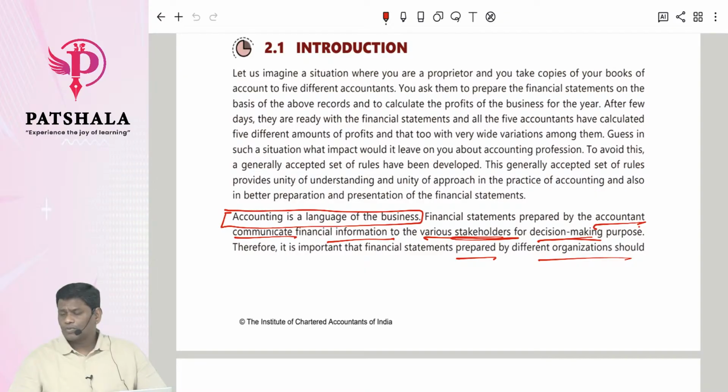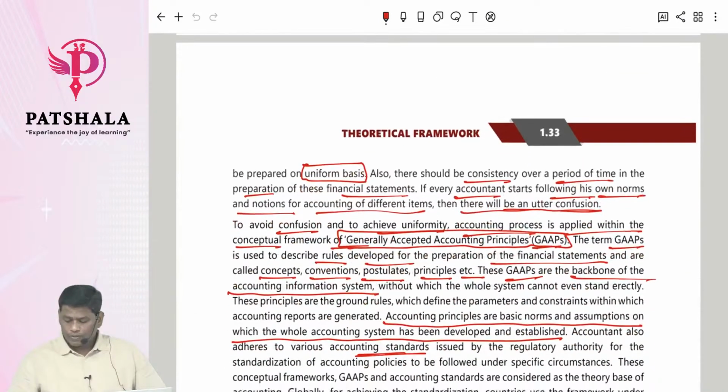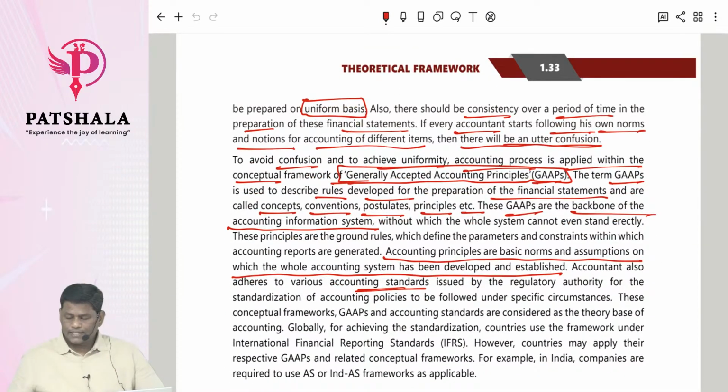Okay, now full stop. To provide uniformity, consistency, and to avoid confusion.